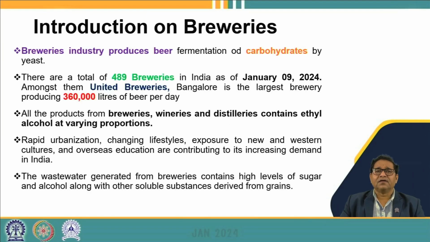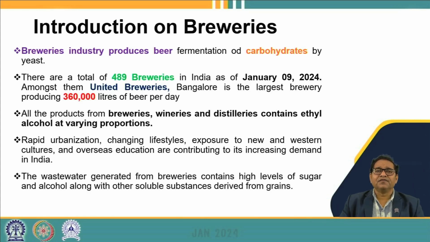So let us first describe the introduction on the brewery industry. The brewery industry produces mainly beer by way of fermentation of carbohydrates, wherein a yeast culture is used for fermentation. At present, we have more than 489 breweries in our country as on January 9, 2024.